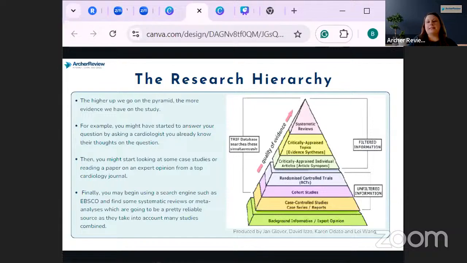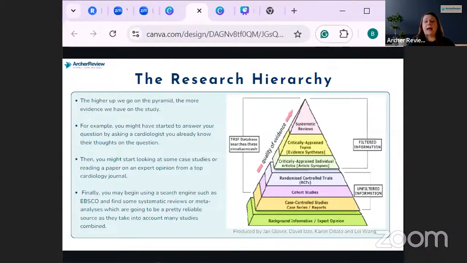We might start by asking a cardiologist we know, or maybe an emergency room physician that we know, and we're going to start there. The next thing you might do is start to use some sort of search engine that is, again, reliable. So EBSCOhost, something like that. And you're going to find some systematic reviews and meta-analyses that have been conducted at the very top there.